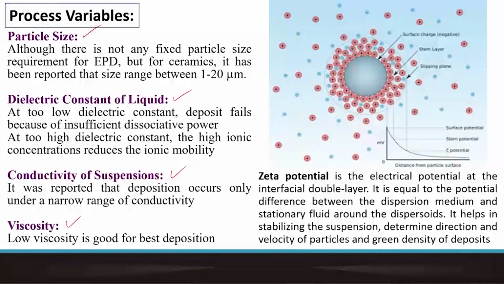If this is the center, as we move away from the center to the periphery, we actually start from the surface of the particle. So this is the surface charge. This is the particle that we are going to deposit, and these are surface charges.